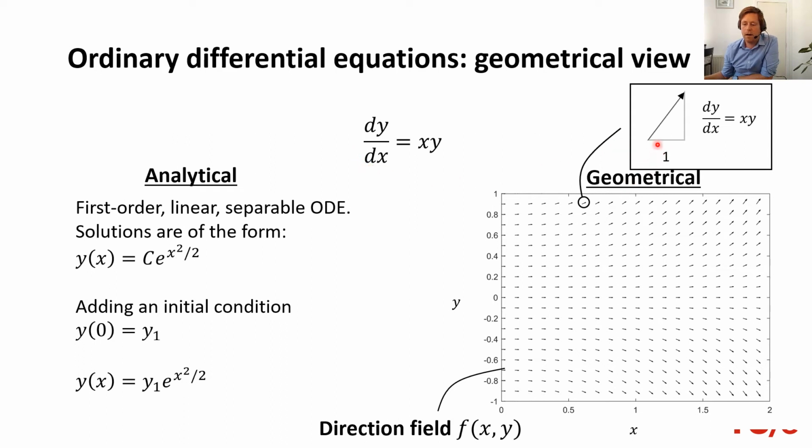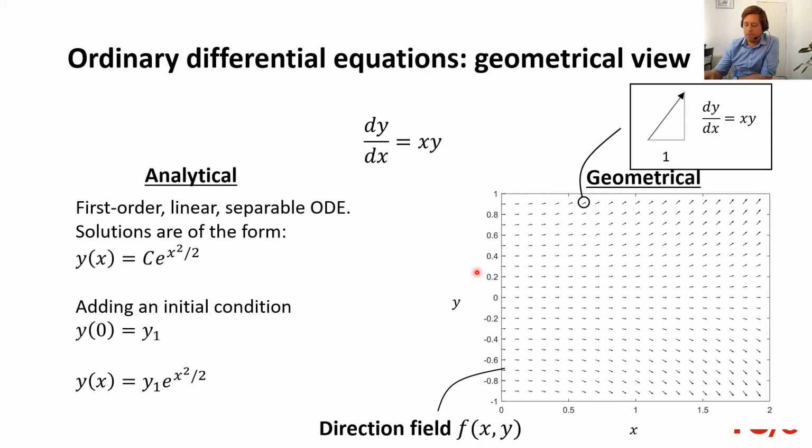So by drawing a triangle with a width of 1 and a vertical height of x times y, we get this kind of tangent field, which is also called a direction field. And this will give us a geometrical point of view of the ordinary differential equation.